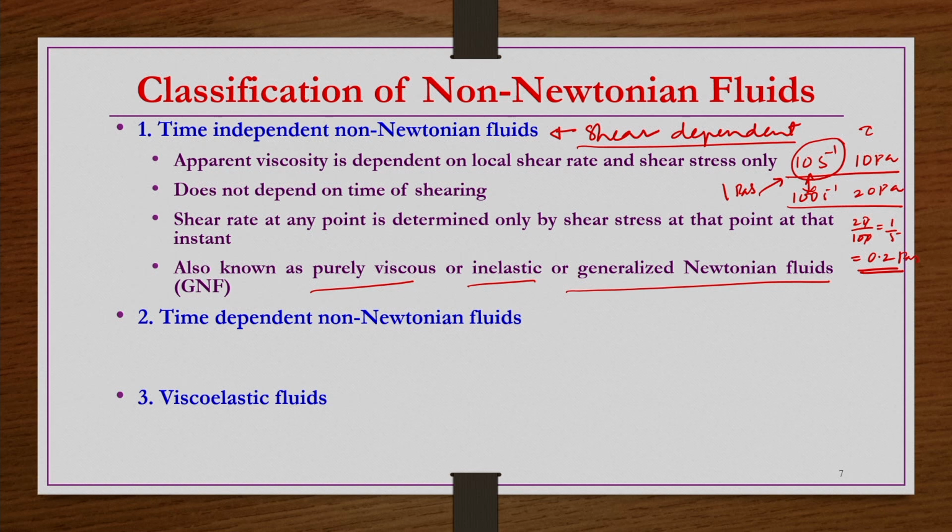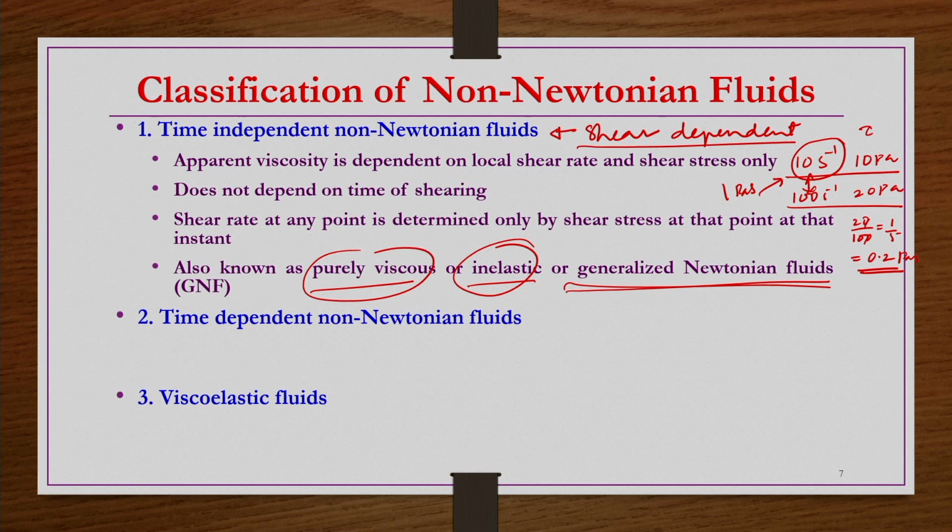Because under certain limiting conditions of shear rate, these materials reduce to Newtonian behavior. So, that is the reason these materials are also known as generalized Newtonian fluids. This is the other name for this class of non-Newtonian fluid.